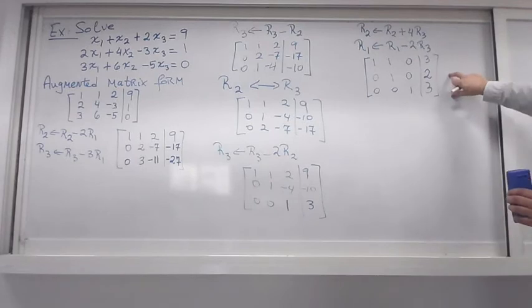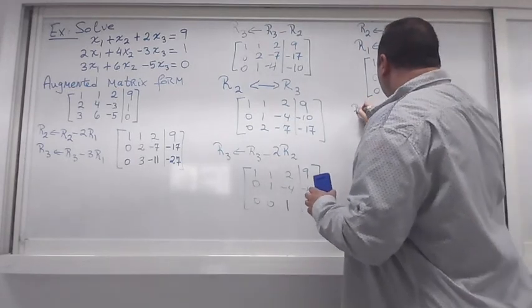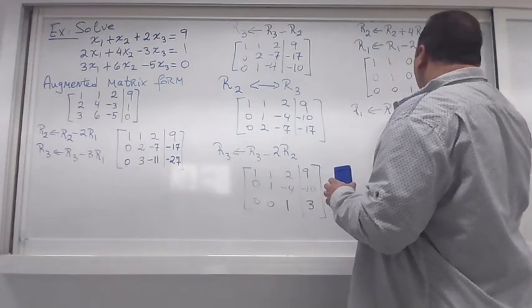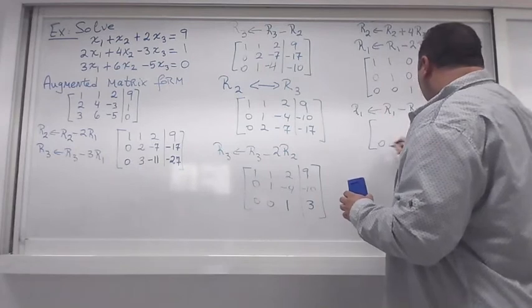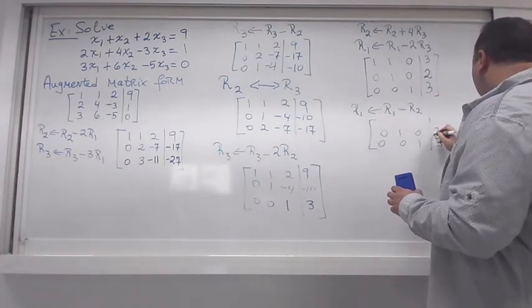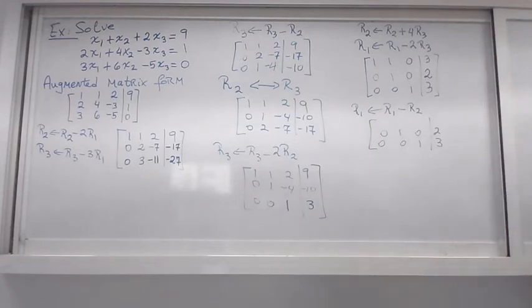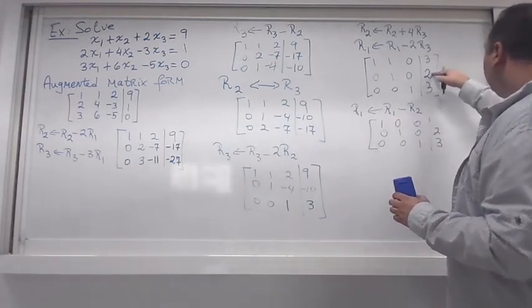This is echelon form still. We need to eliminate this guy here. So row 1 replaced by row 1 minus row 2. So these guys don't change. So now that 0, 0, this minus this is 1.